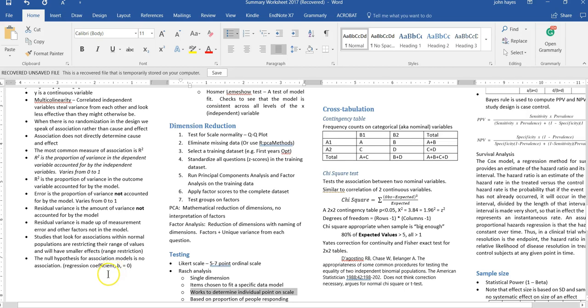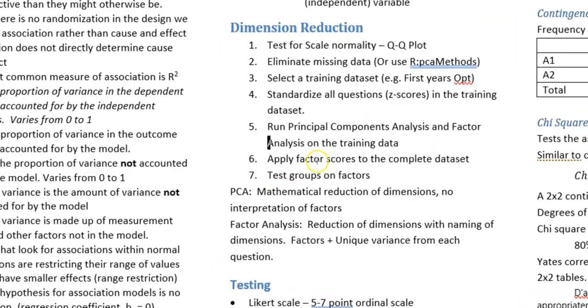In this video, I'd like to talk about dimension reduction, and specifically principal components analysis and factor analysis. Principal component analysis is a mathematical way of reducing the dimensionality of a group of variables.